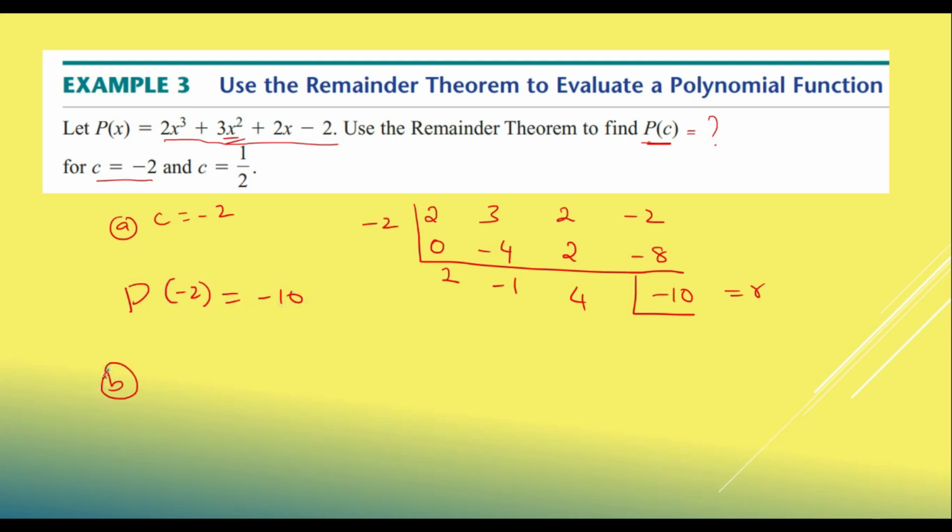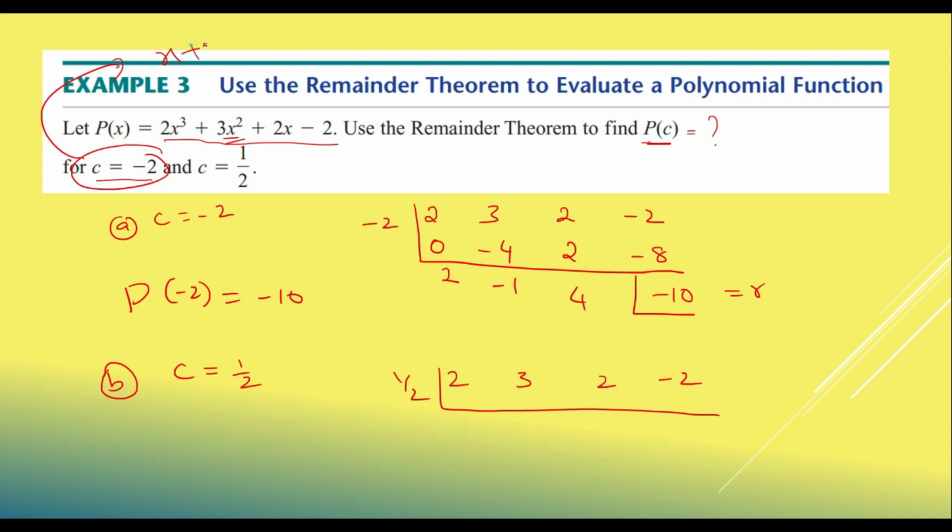Second case, B, c is half. Okay, now the same coefficients, 2, 3, 2, minus 2, but the division takes place with half. Here the binomials are: when c is negative 2, the corresponding binomial is x plus 2.